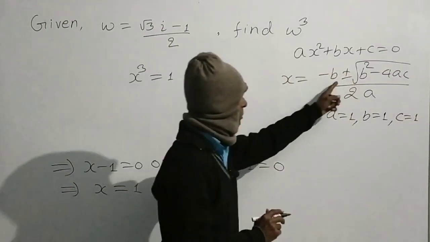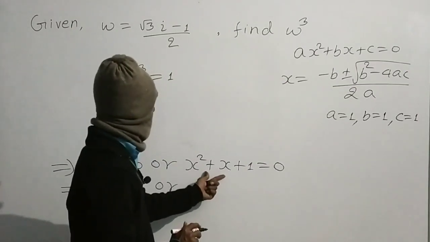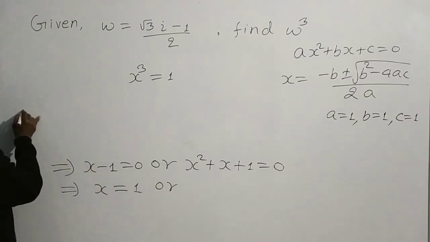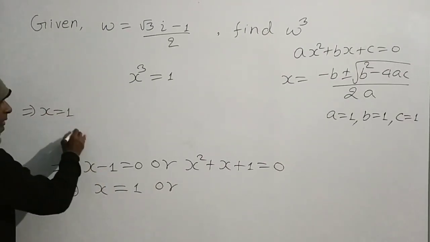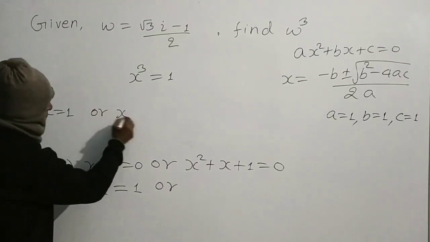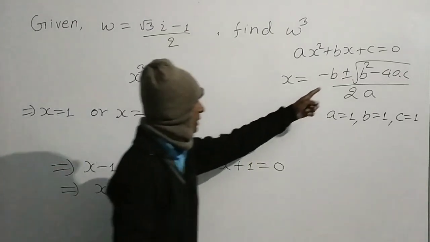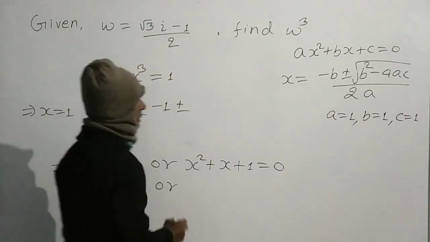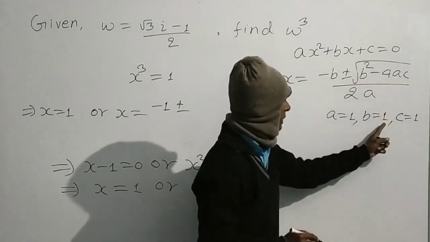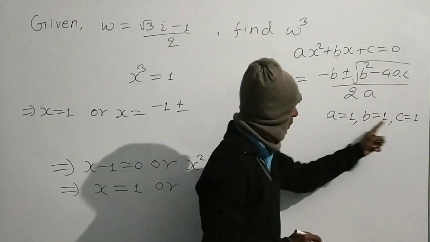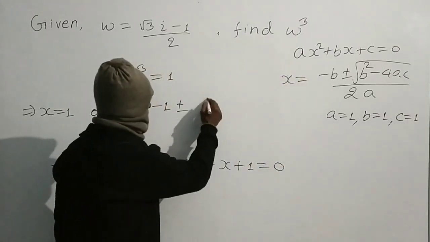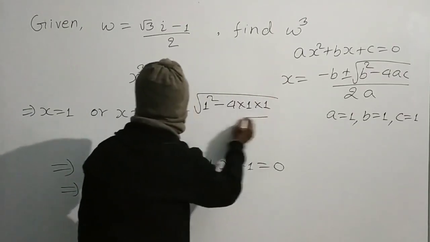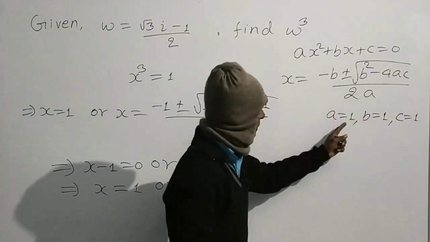When we apply this formula to solve this equation, we write one solution is x is equal to 1, or x is equal to, here we apply this formula, minus b, minus 1 plus minus root under b square minus 4ac, 1 square minus 4 times 1 times 1, by 2a, that means 2 times 1.